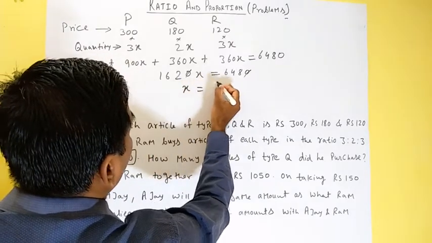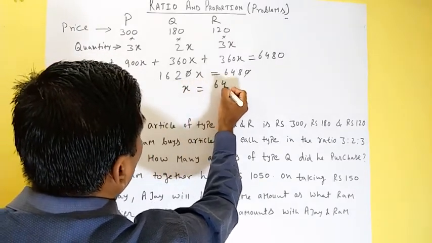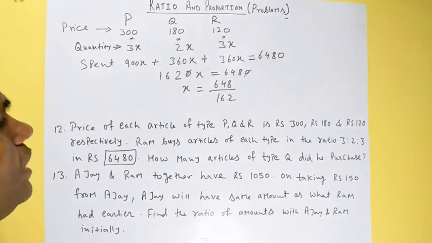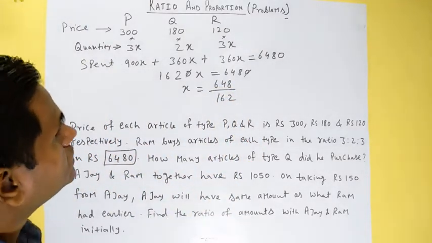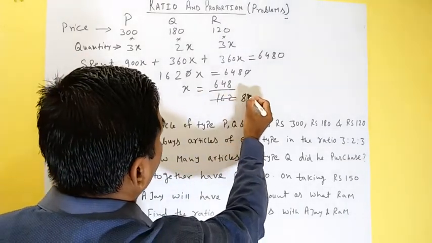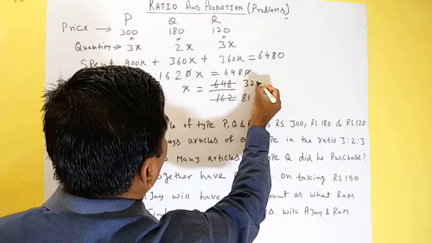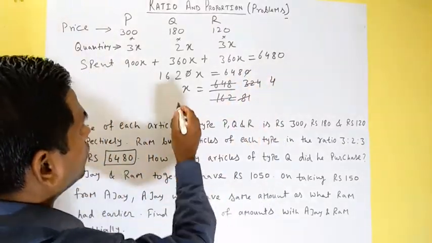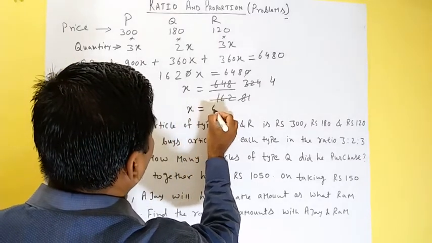This becomes x is equal to 648 upon 162. Okay. Now if we cancel this with 2, this will become 81. This will become 324. Now 81 4s are 324. So the value of x is equal to 4.